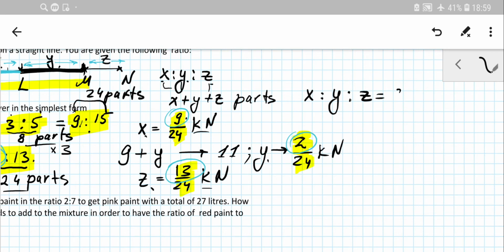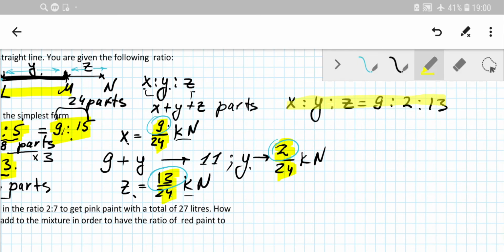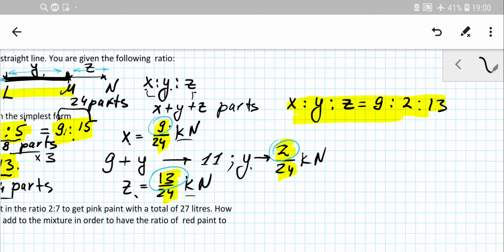So we've got 9 to 2, that stays for y, and to 13. Okay, we've got this 9 to 2 to 13. All right, so that's how it works, and that's the final ratio. And you see that you cannot simplify that any more. So that's the answer for this task.